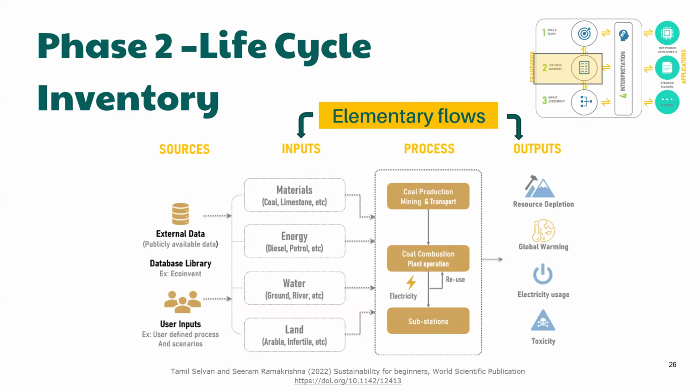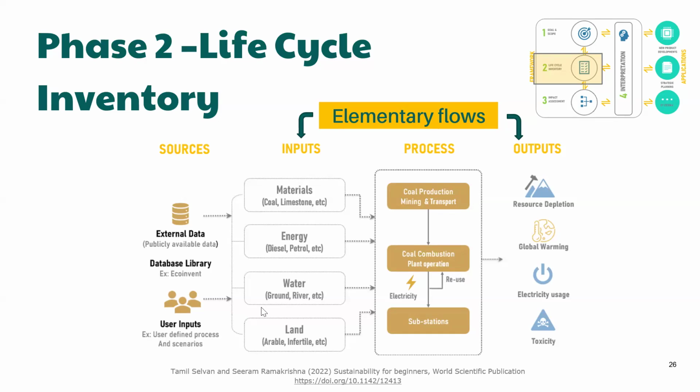So if you associate the elementary flow analysis with our power plant example, the life cycle inventory contains input and output for each process at each point of the life cycle. In other words, all emissions discharged into the atmosphere like CO2 or chlorofluorocarbons, or impacts like resource depletion and resources derived from the environment, etc. So the inventory list of elementary flow is shown in the figure.